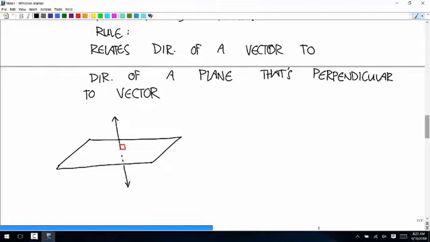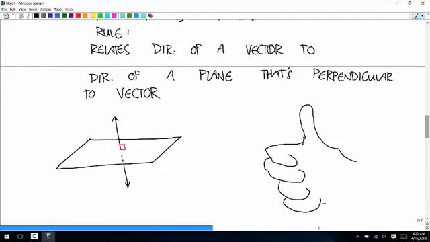And the right-hand rule works like this. So there's your right hand.